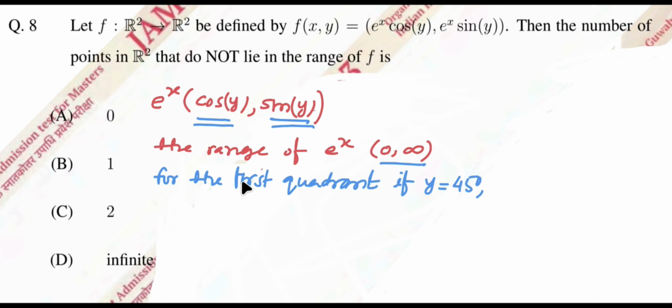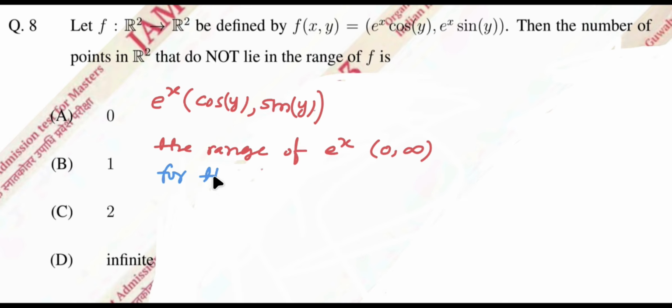So the entire first quadrant, I am not discussing the points on the axis, I will discuss those later. I am presently discussing only those points which are strictly inside the first quadrant.